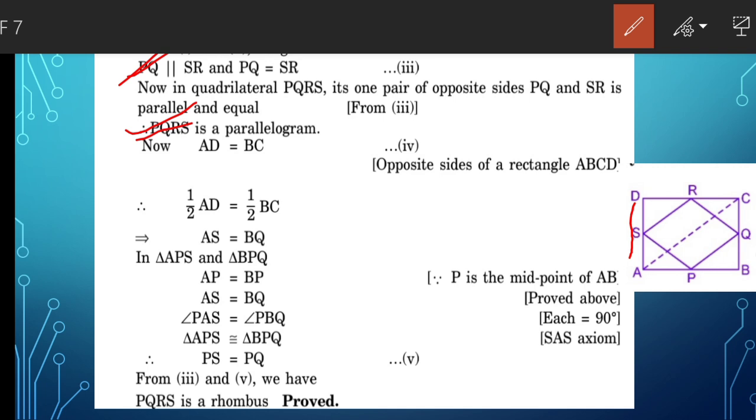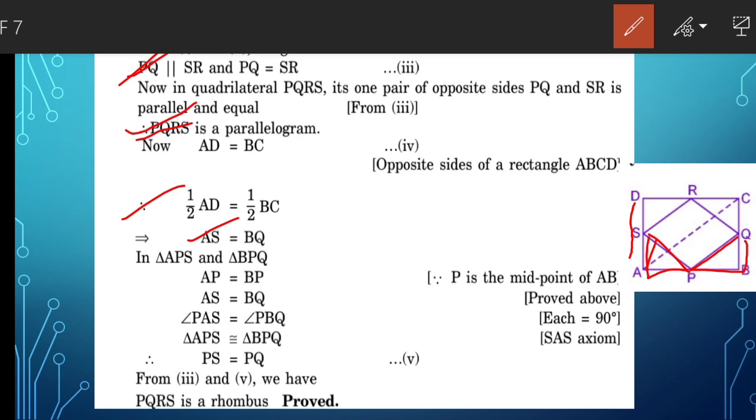So if we take half of it, half of AD is equal to half of BC. Since S and Q are the midpoints, half of AD will be AS and half of BC will be BQ. Okay, now we will consider the triangles APS and BPQ.